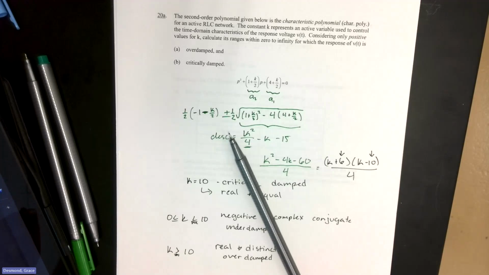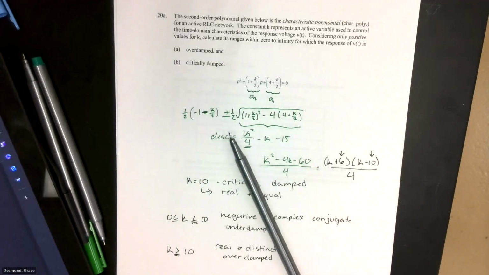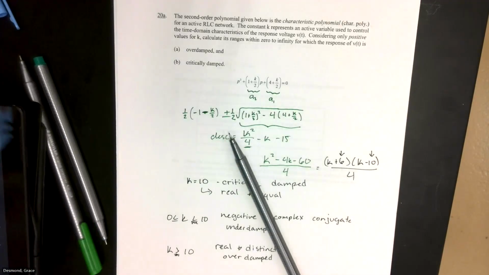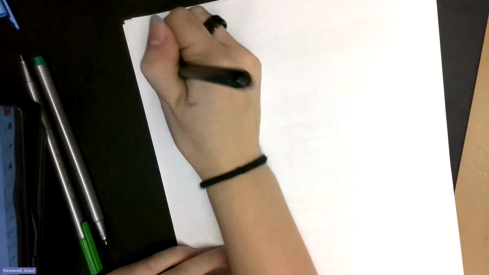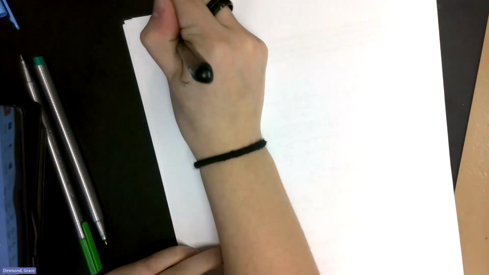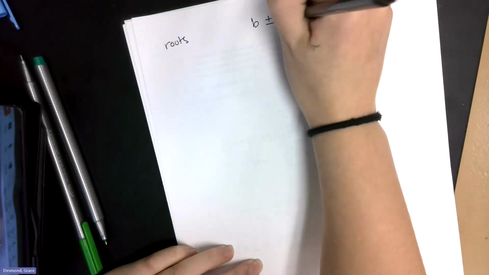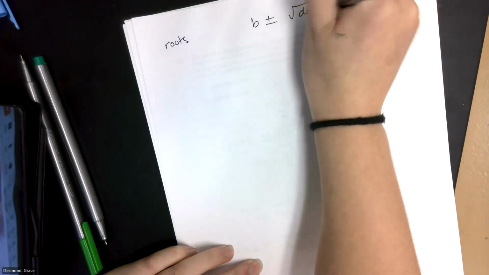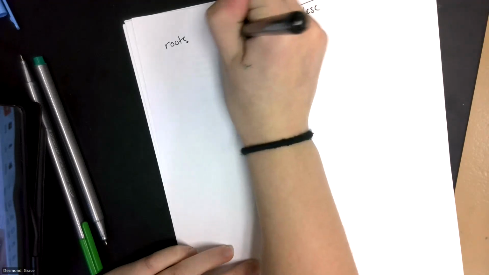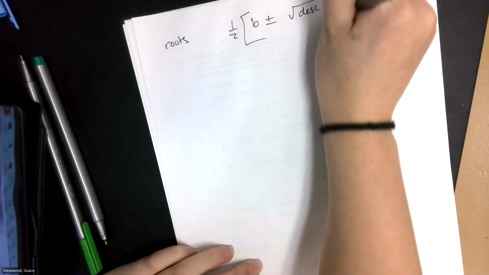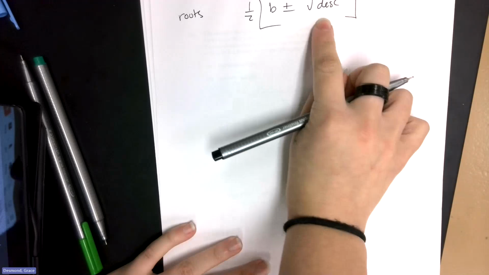I have a piece of paper. So we are looking at roots. So we have b plus or minus the discriminant.